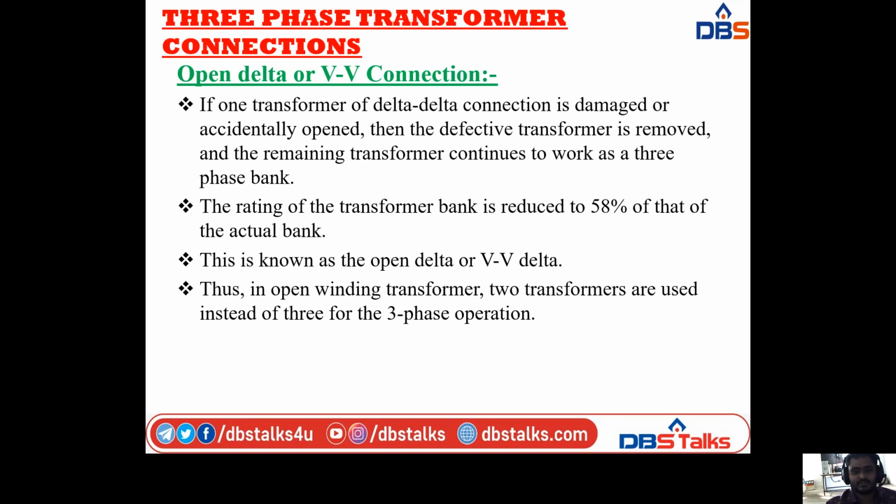The rating of the transformer bank is reduced to 58% of the actual bank. This is known as the open delta, or V to V connection. Open means it is an open condition. Thus in the open delta transformer, two transformers are used instead of three for three-phase operation.